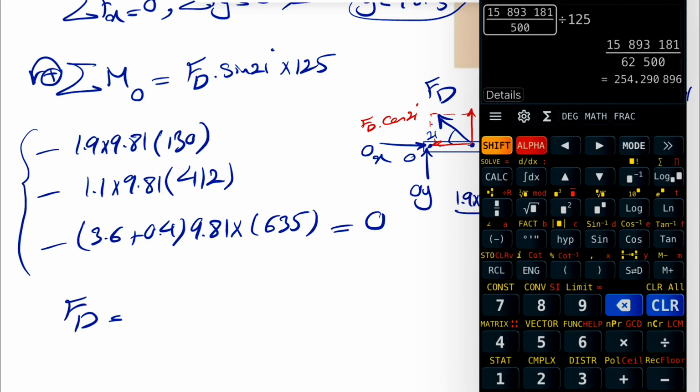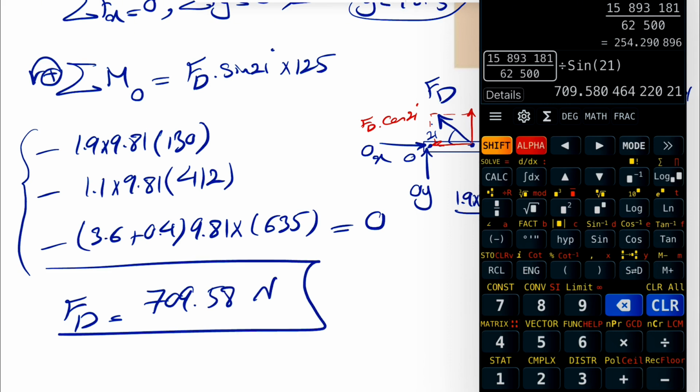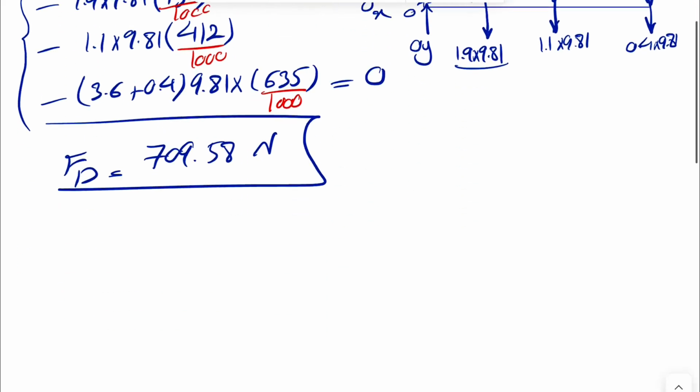Divide that by 125, and we're going to divide that by sine of 21 degrees, which is going to give us 709.58 newtons. So again, the reason I didn't do unit conversion is basically we have to divide all of these by 1,000, which won't make any difference in our equation. So it really doesn't matter if we do it or not.